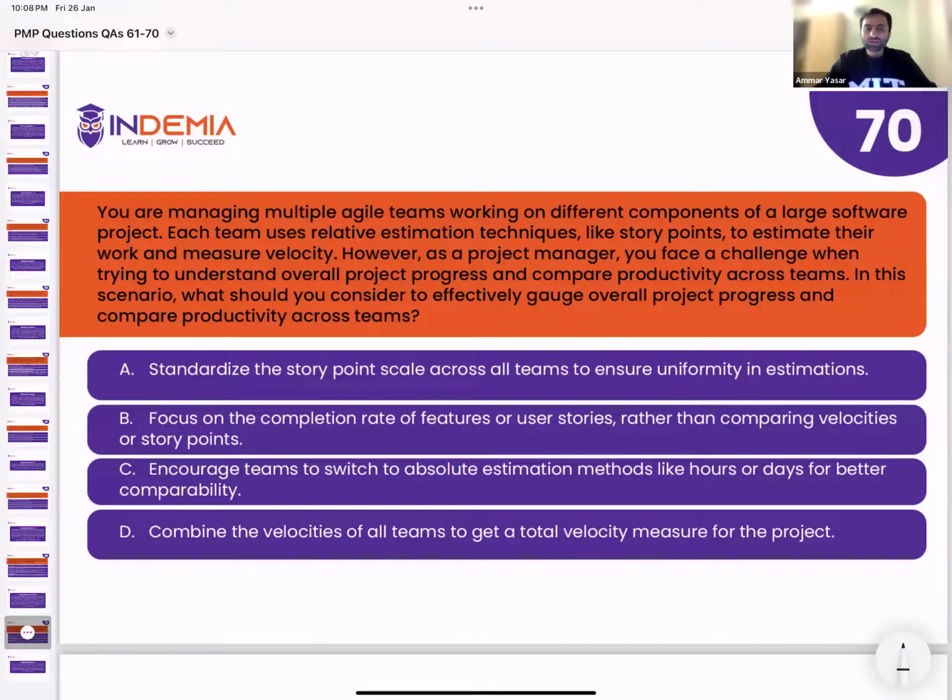Story points are relative in nature and we do not standardize them. They vary from team to team because it's a relative measure. And the idea of having story points is to give flexibility to the team. So we do not standardize at all, because if we standardize, then we actually lose the point of having story points.